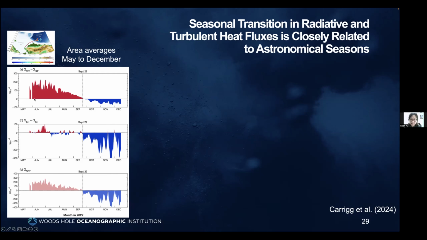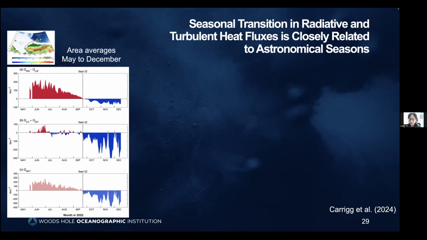Clearly, for the net fluxes, we see the turning of the net radiation around September 22nd, and we can see enhanced turbulent heat loss after September 22nd. For the total net, we get this pattern: before September 22nd, the Arctic Ocean gains heat from the atmosphere.